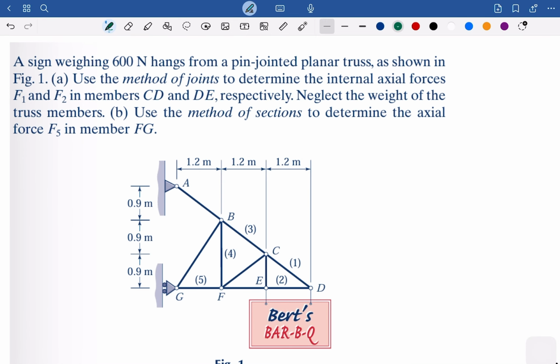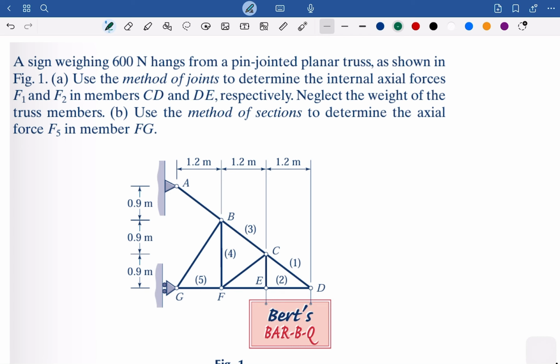Let me start with some constructions. Okay, we have all pin connected, and then it has some sign. So let's say a sign of the name, maybe the restaurant, and then we know that it has the loads, 600 newtons. It hangs on the pin jointed planar truss. So this is the truss that is connected through the pin.